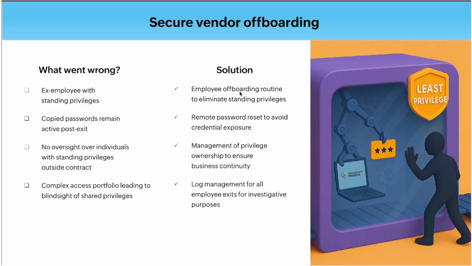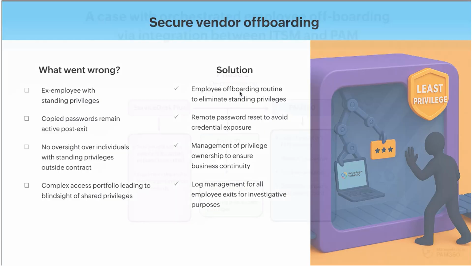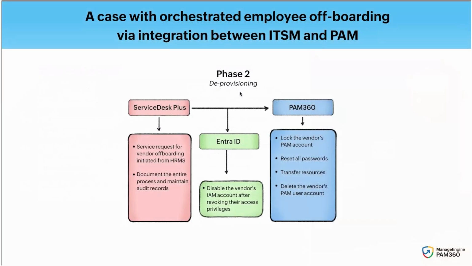As we've already seen, this is also done with the help of an integration between Service Desk Plus and PAM 360, right? A service request, as it was done for onboarding, is also done for offboarding, right? Once a ticket is created, the offboarding is initiated from the HRMS tool, and hence also transports the same workflow into your directory services such as Entra or AD, right?